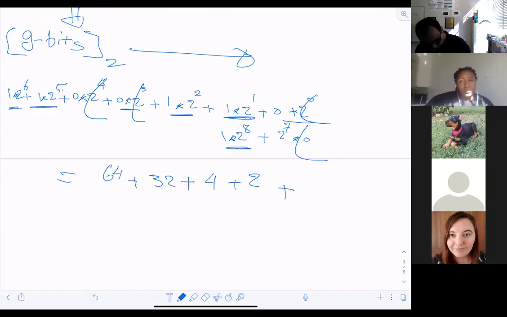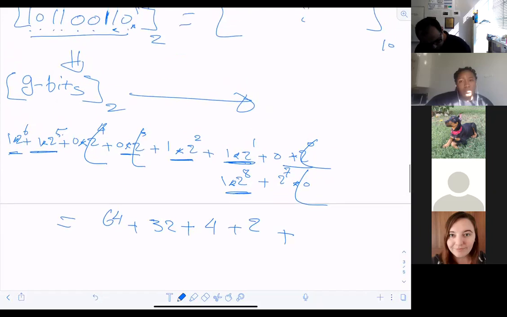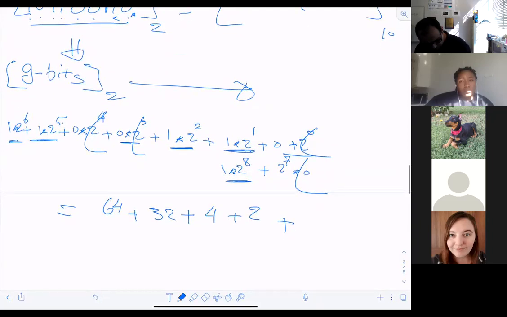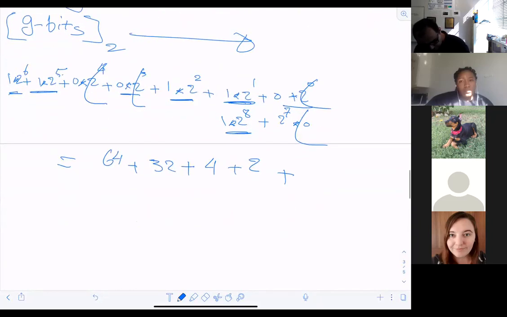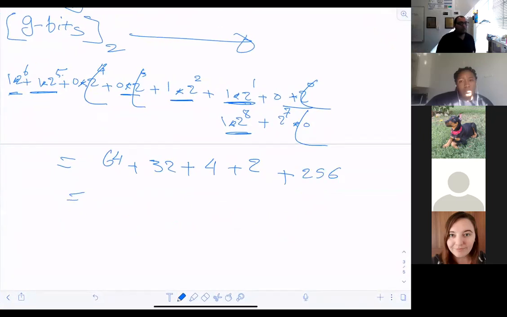And this is what? 128, 256, I believe. Right? Because 2 power 5 is 32. 2 power 6 is 64. 2 power 7 is 128. 2 power 8 is 256.